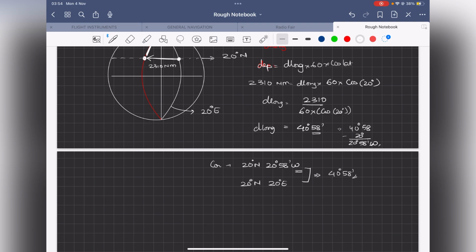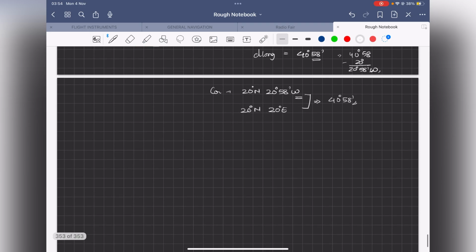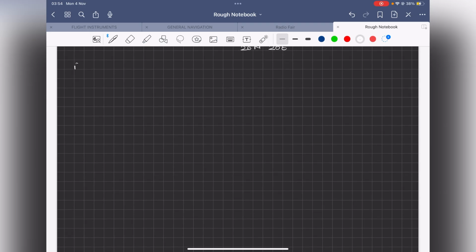Now I'll give a question, and I want you guys to think about it for a second. Let's say an aircraft takes off from a point X, which is 30 degrees north, 170 degrees east, and flies easterly for 3 hours at a ground speed of 400 knots.